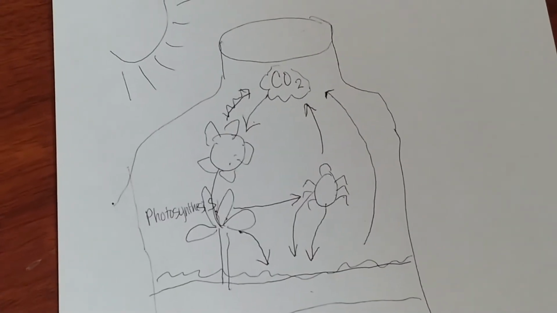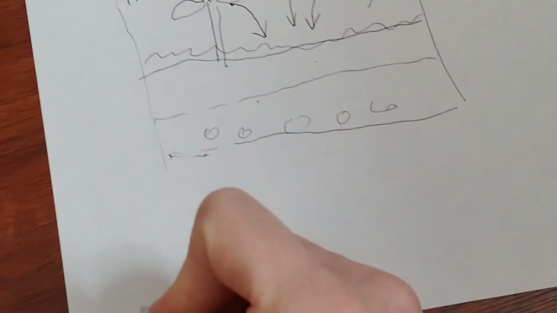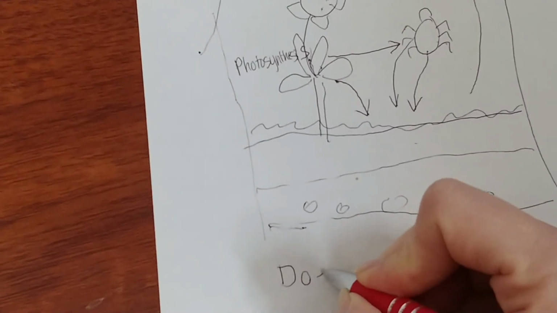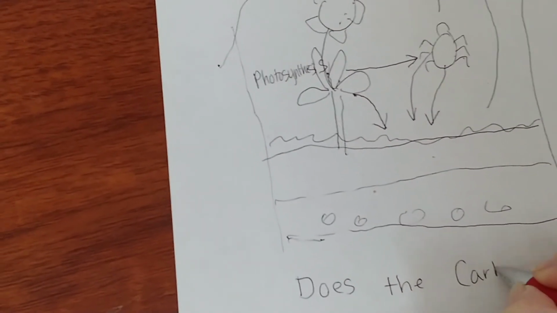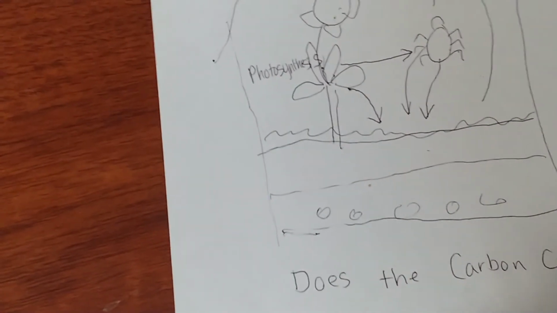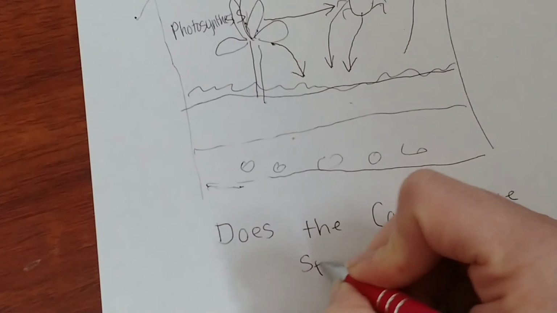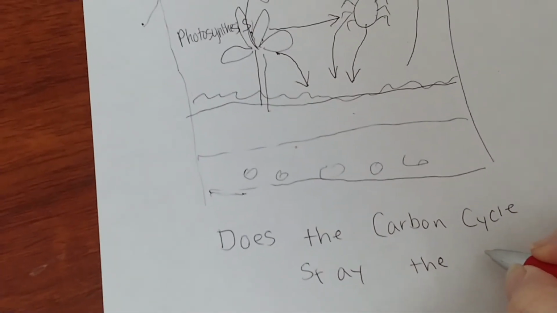Now I have a challenge question for you today. If you answer this question, you'll be able to get even more points. So, the question is, does the carbon cycle stay the same throughout the day?